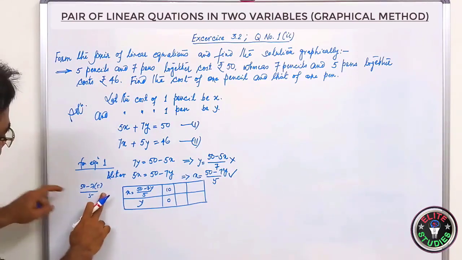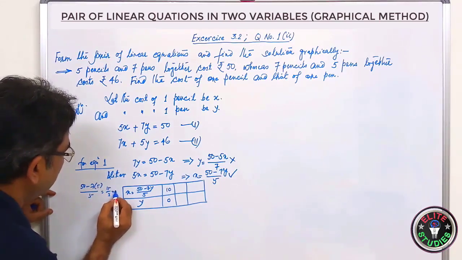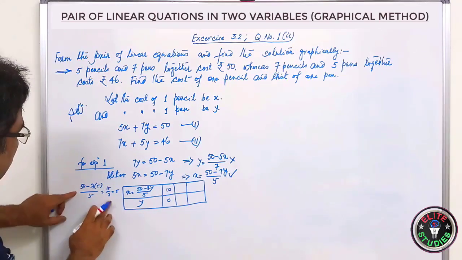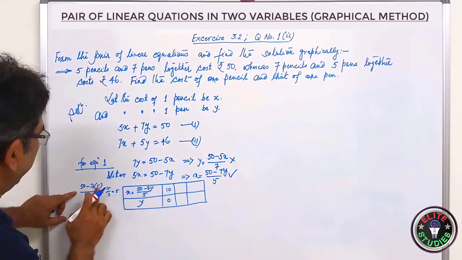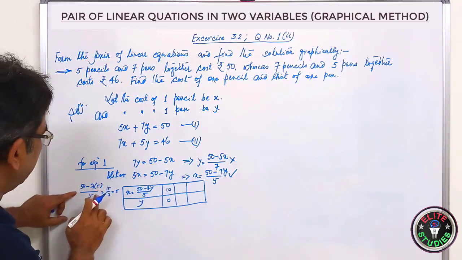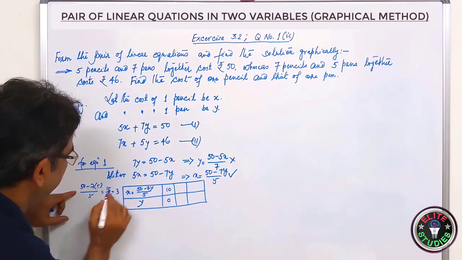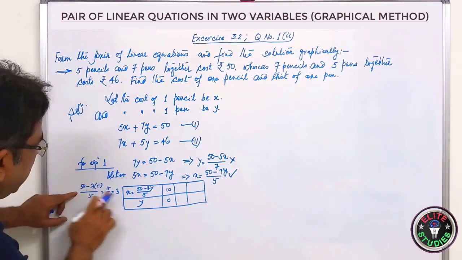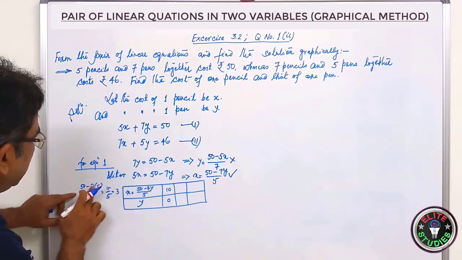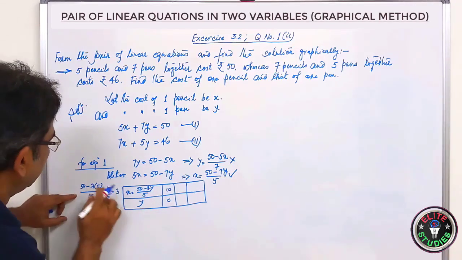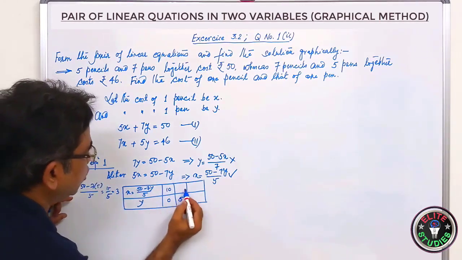So 50 minus 35 will be 15, by 5 will be equal to 3. So when we are putting y is equal to 5, we are getting x is equal to 3, so the point is (3, 5).